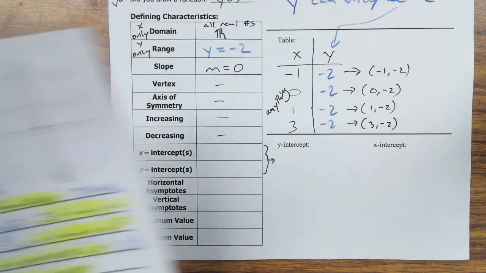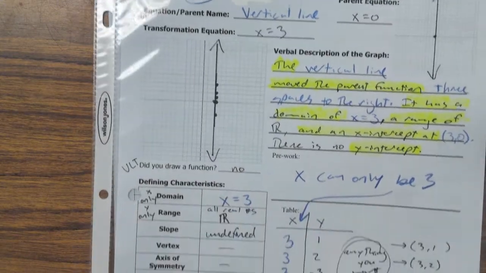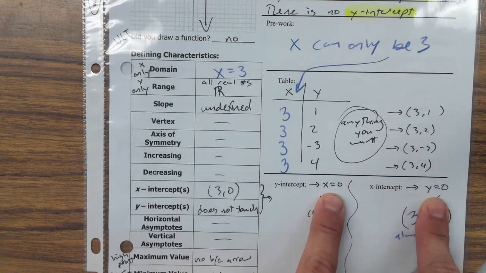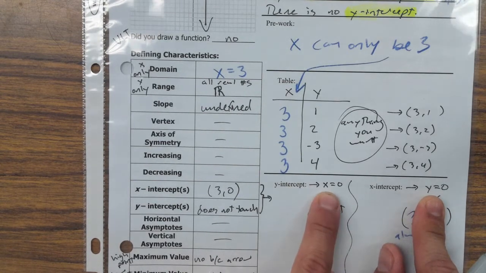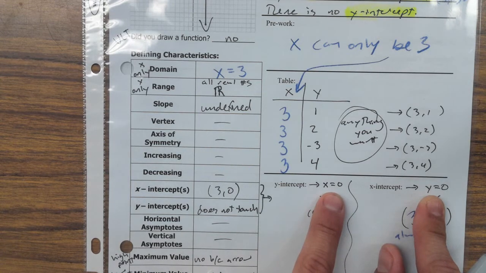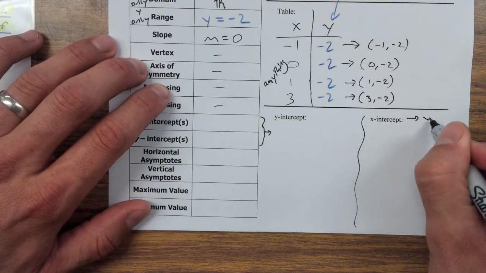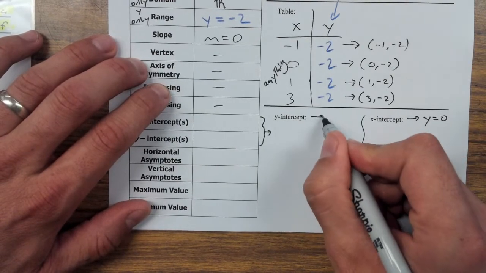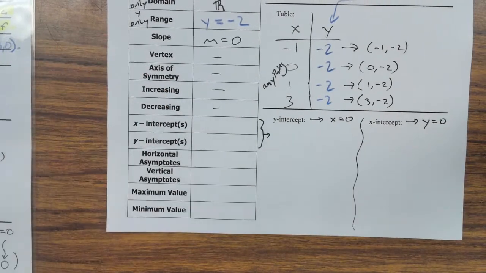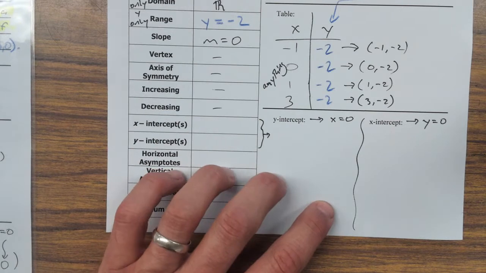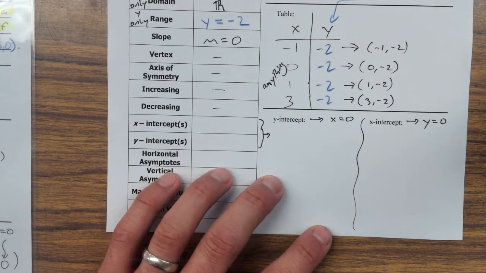What about x-intercepts and y-intercepts? Remember from FC1, when we did the x-intercept, the y was always 0, and when we did the y-intercept, the x was always 0. So we're going to do that here. For the x-intercept, the y must be 0. For the y-intercept, the x must be 0. Again, something from Algebra 1 that you've forgotten and will memorize very soon.